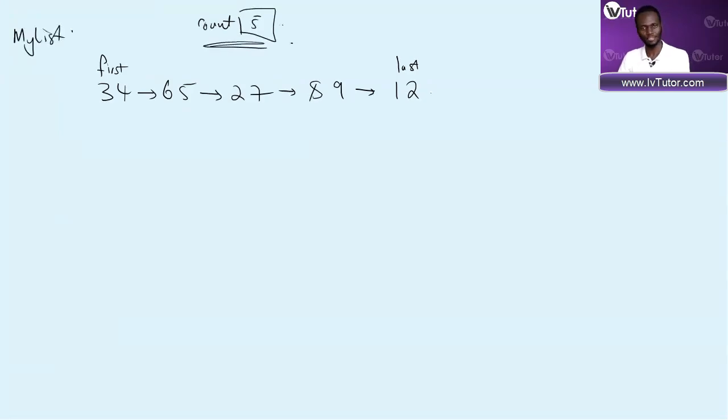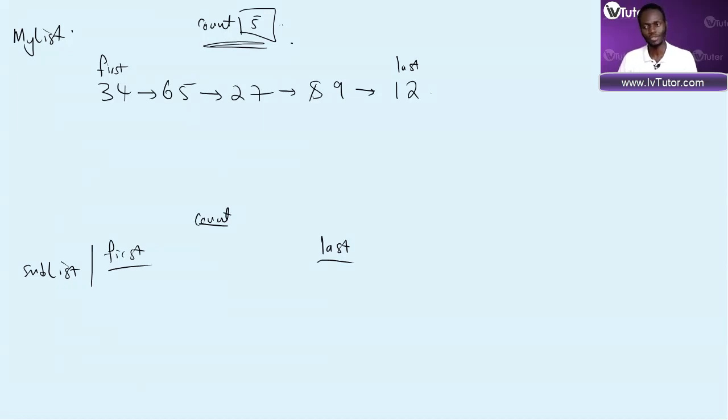Now, inside my list, we are going to call a function divide it and give it another list, sublist, as an argument. But remember, sublist also has first. Sublist also has last. And sublist also has a count. Right? These are all linked lists.